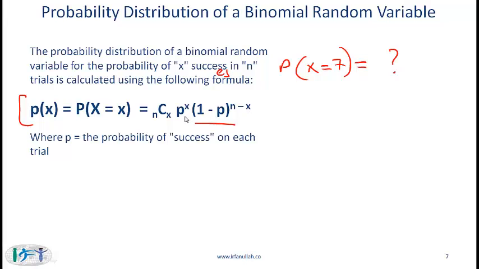In my example, n was 10 because we did 10 coin flips. So we'll say 10C7. 7 is the number of successes that we are considering over here, times the probability of success, which is 0.5, assuming we have a fair coin, raised to the power of x, that is the number of successes, and then 1 minus p, which is 0.5 to the power of 3.